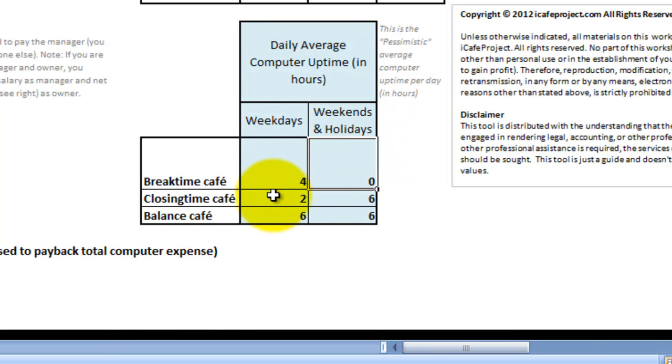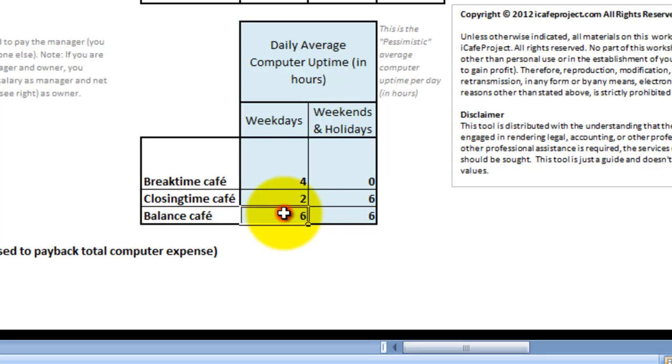Okay. Then the next one is closing cafe. Since a lot of your customers are at school or at work, it typically gains customers after work, and that will be only around 6 p.m. to 8 p.m. So I'm assuming that only 2 hours every weekday, and it will increase during weekends and holidays to 6 hours.